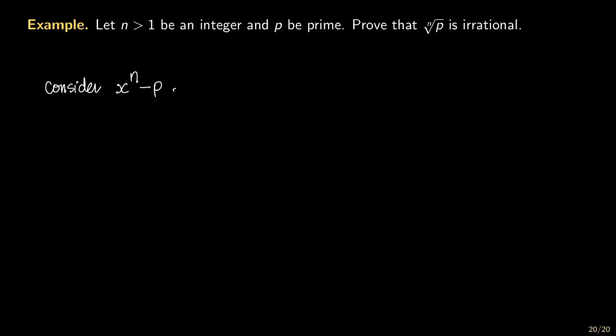Why do I consider this? Because if you equate this to 0 and solve for x, you'll find that x is the nth root of p. Now, you see that this is an integer polynomial. The leading coefficient is 1, the constant term is negative p, and the coefficients between the first and last terms are all zeros.